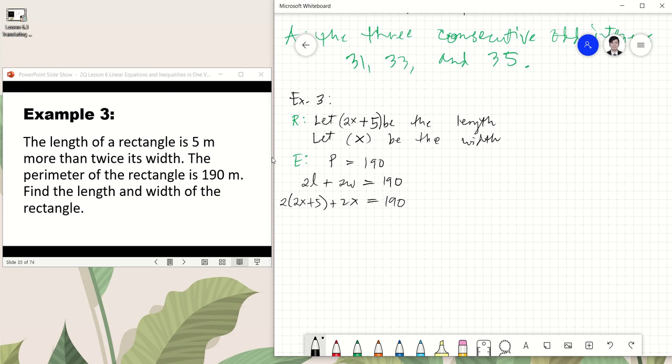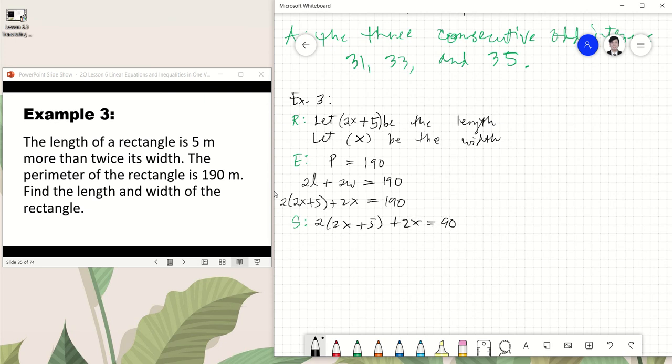So isa na lang yung variable na natira, x na lang. So therefore, there's a way for us to find what is the width already, which is x. Kasi isa na lang yung variable dito. So we will just have to solve to solve for x.